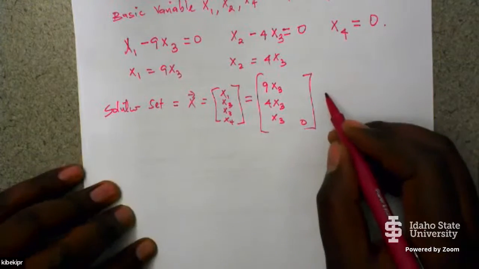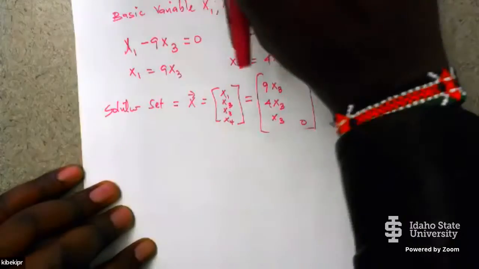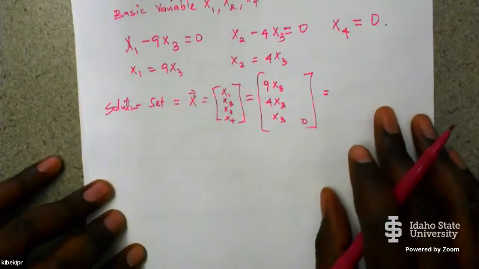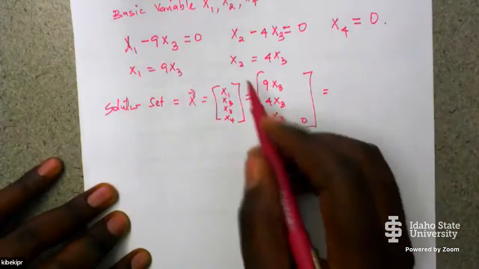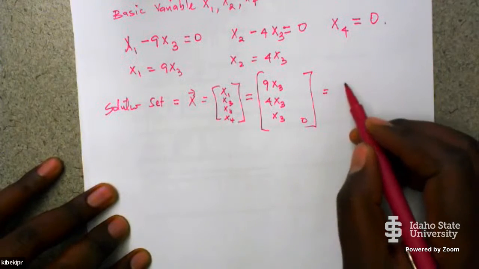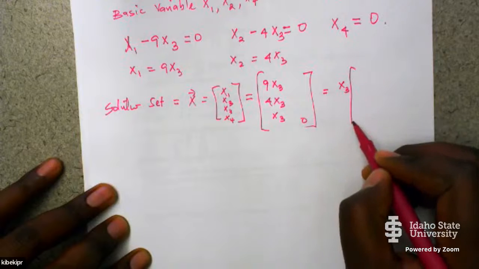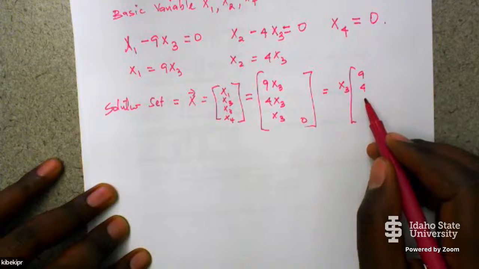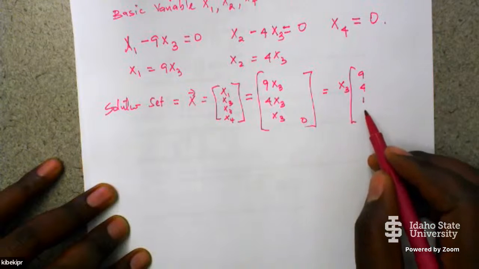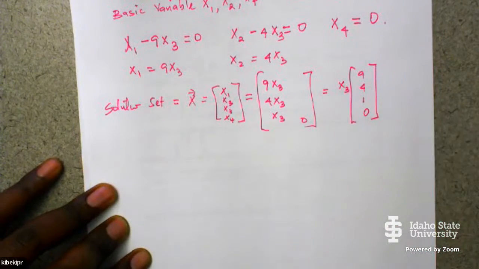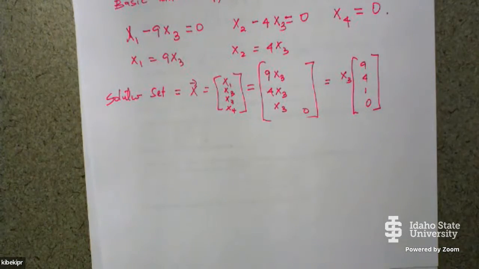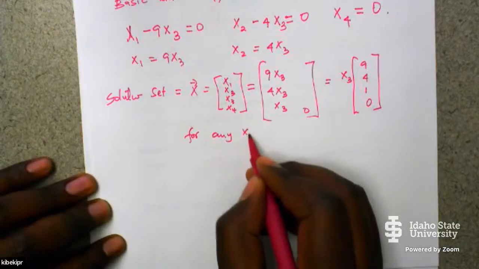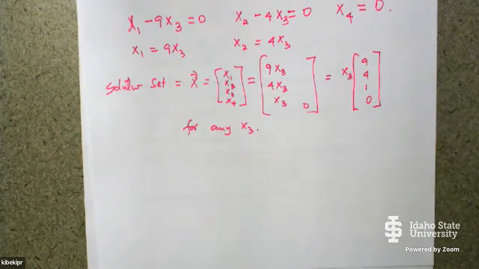So finally, this is the same as x3 times 9, 4, 1, and 0, for any x3.